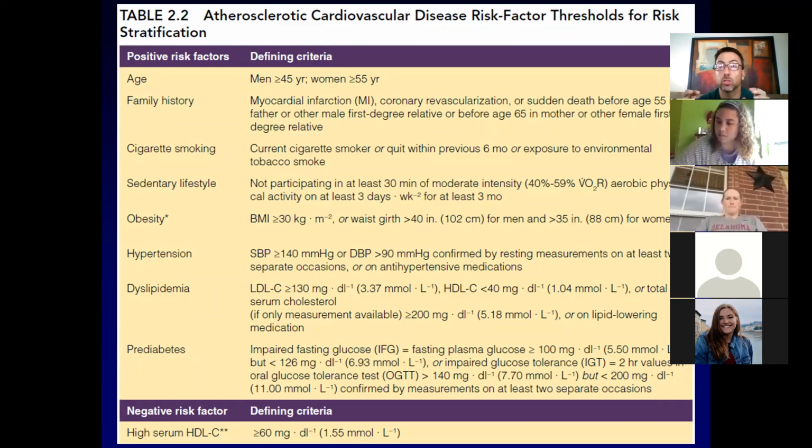Okay. So once we've gotten through those, the next thing that we're going to look at are these behaviors or characteristics that we're going to call risk factors for atherosclerotic cardiovascular disease.